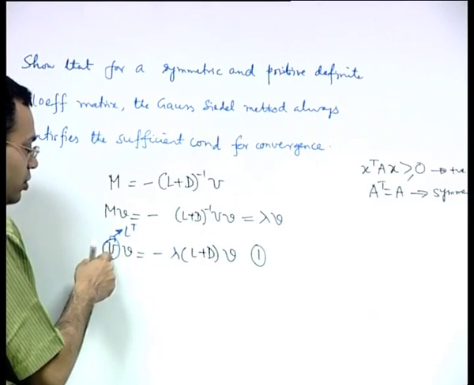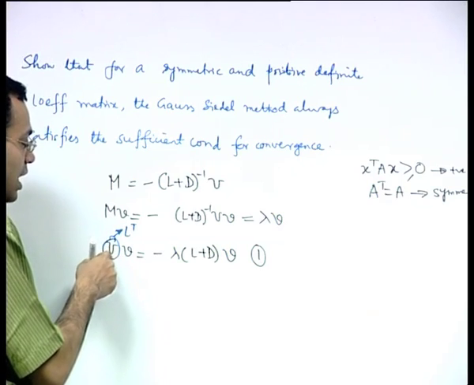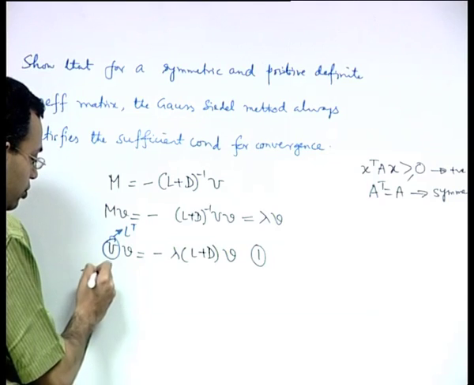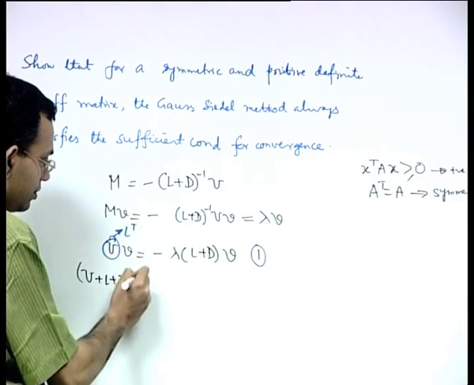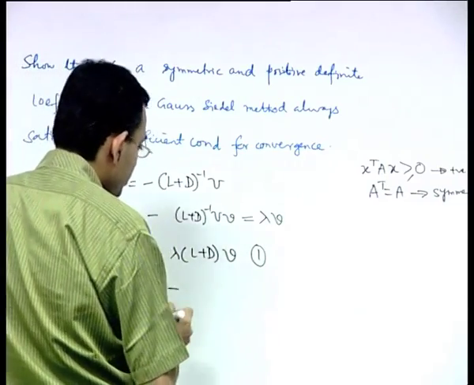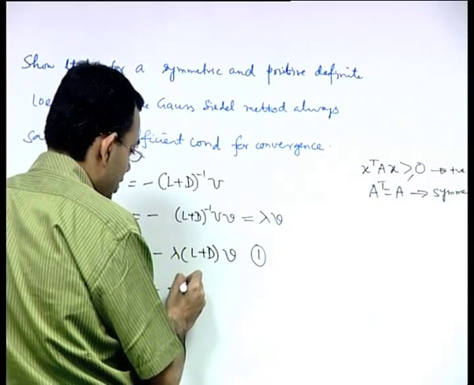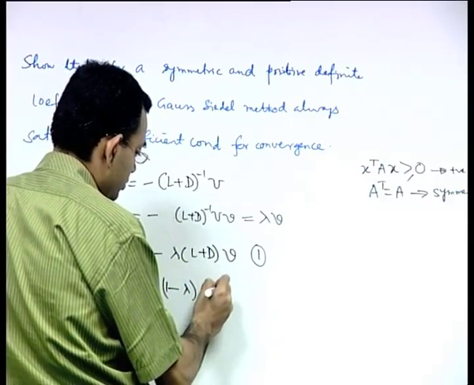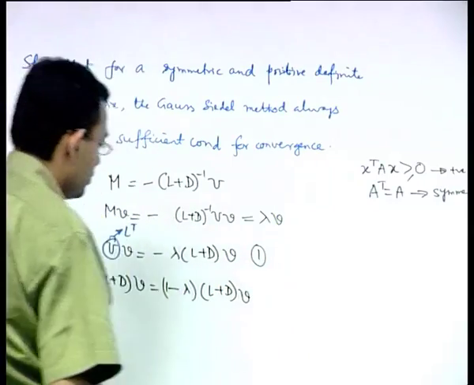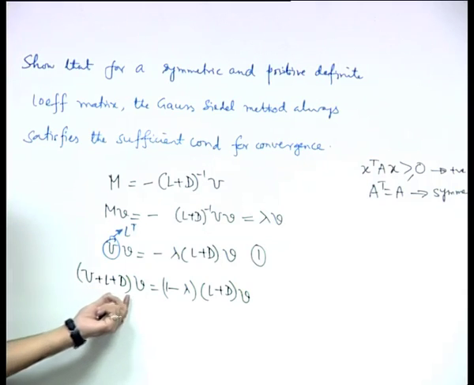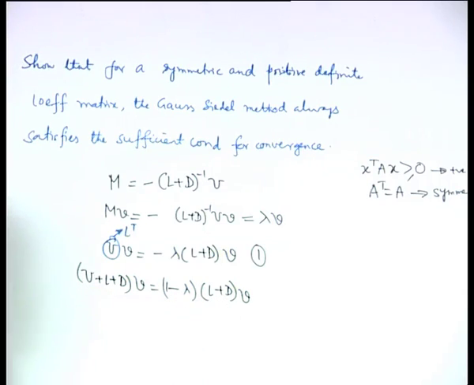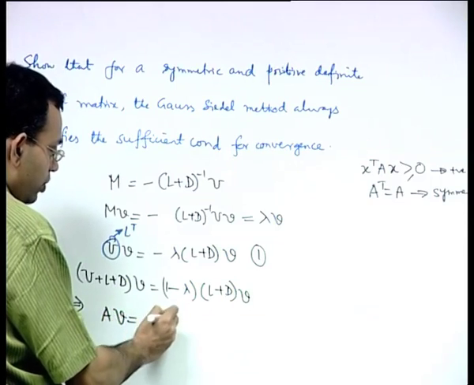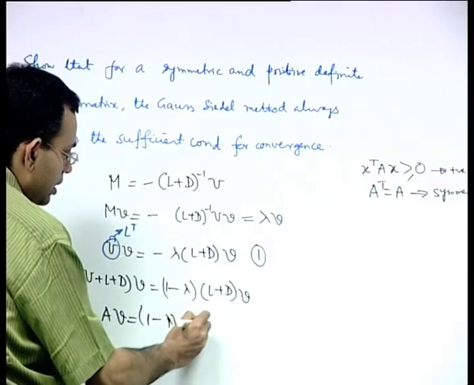Here it is U into V. If you want to write it in terms of A into V, you have to add L plus D into V, because L plus D plus U is A. So U plus L plus D V is equal to minus lambda L plus D V, then plus 1 you add L plus D into V on both sides, which means AV is equal to 1 minus lambda L plus D V.